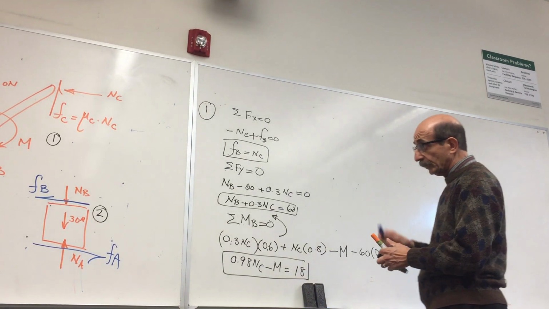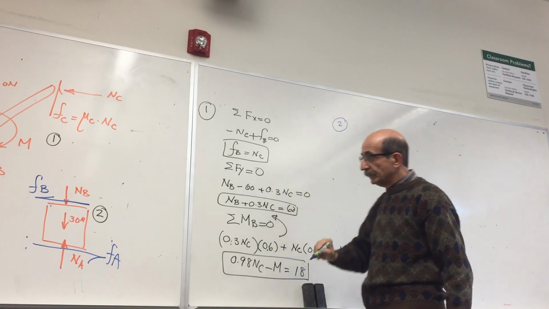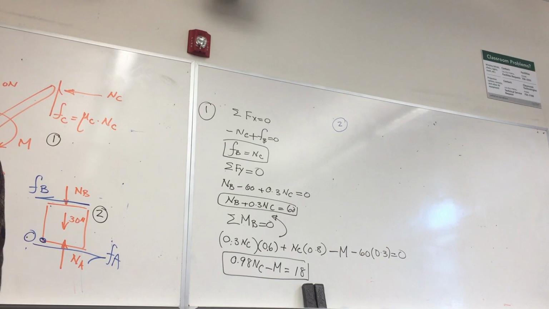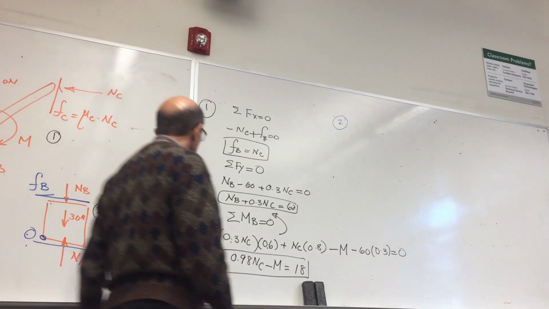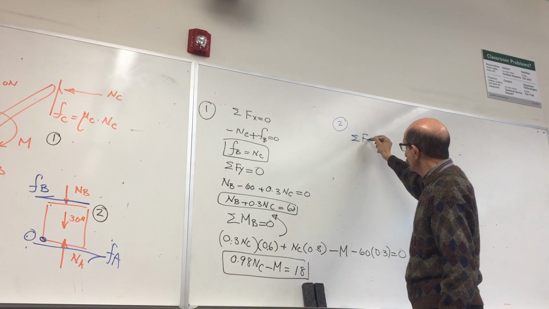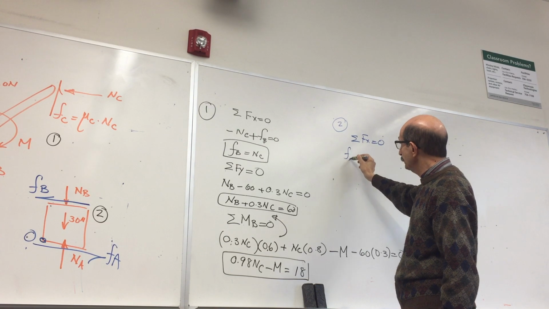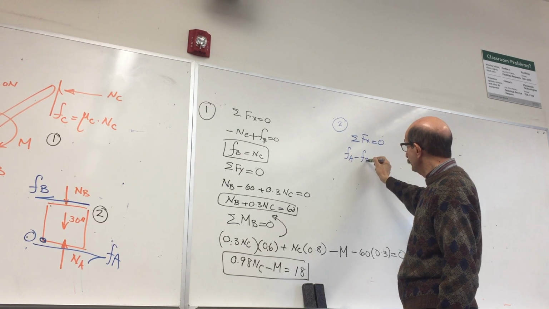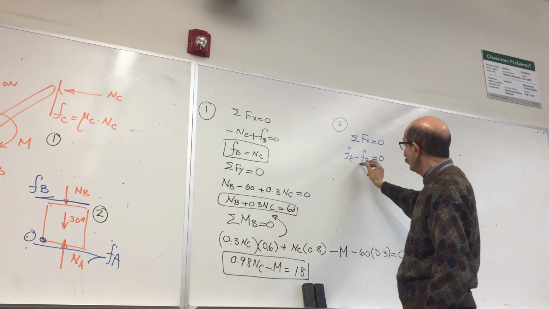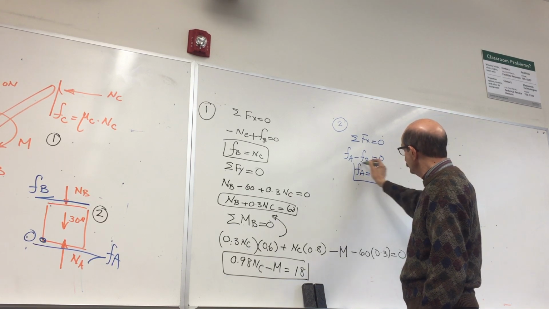So we go to the next one, which is free body diagram 2. Let me label this corner as point O, okay? So again, write summation of forces along X is equal to 0. That will give me FA minus FB equal to 0, or FA is equal to FB.